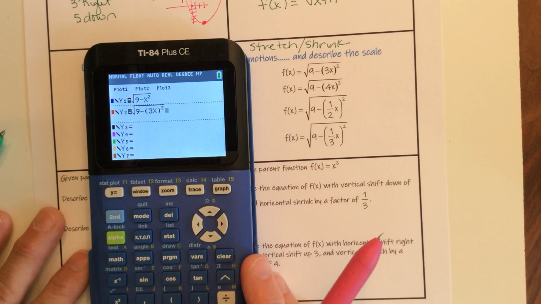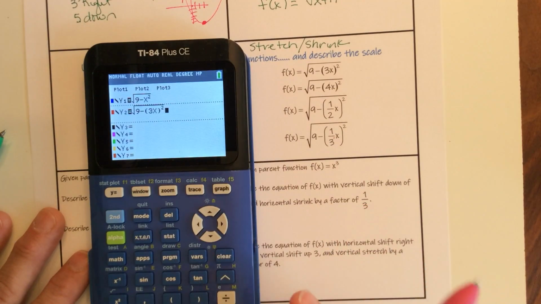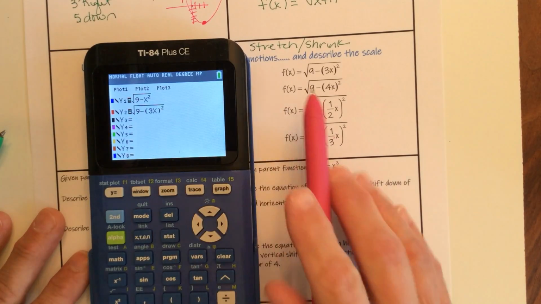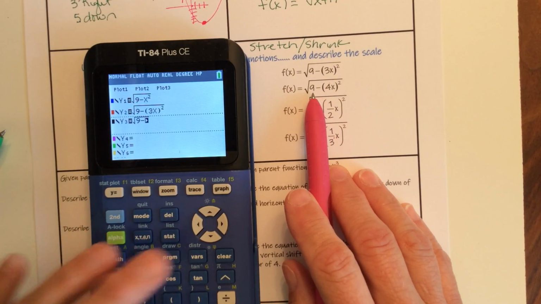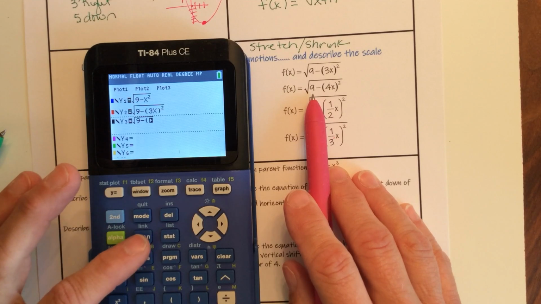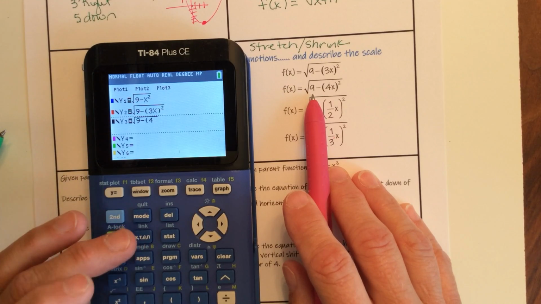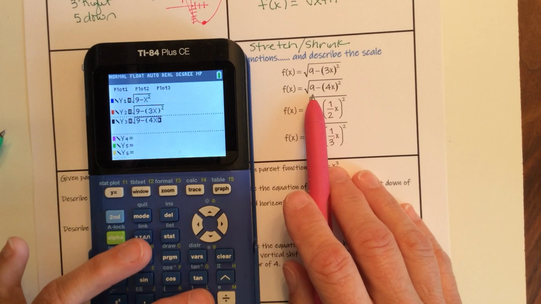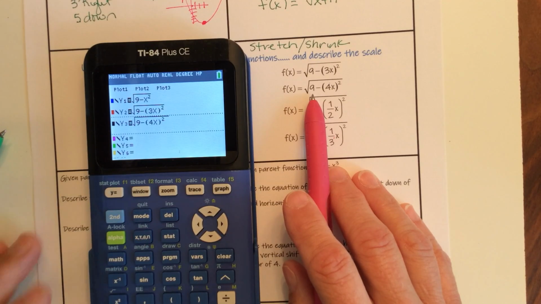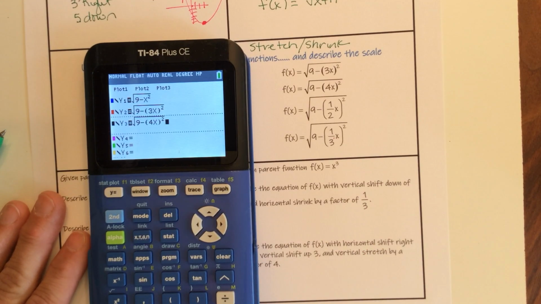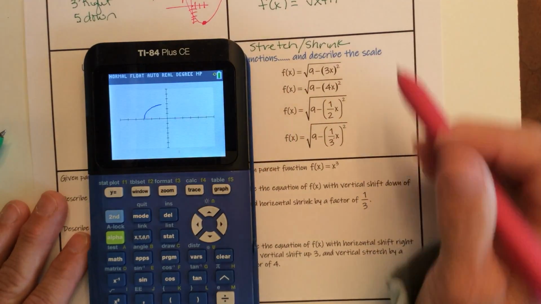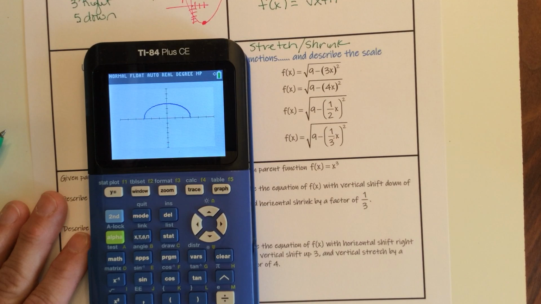I'm going to get outside of the radical, and I will go to y3, and I will put in the square root of 9 minus parentheses 4x, close the parentheses and square, and I will get out of that. So, all right, now we're going to push graph and see what the result is. So graph, now there's your mom and daddy graph right there.